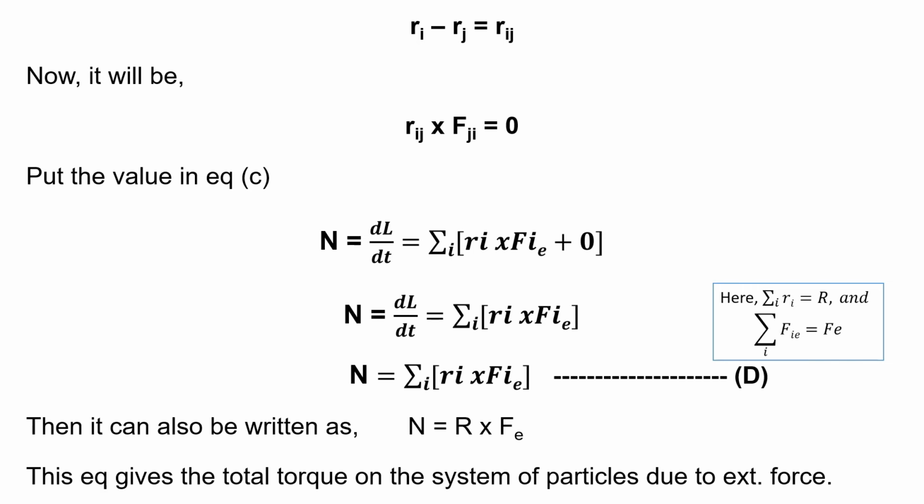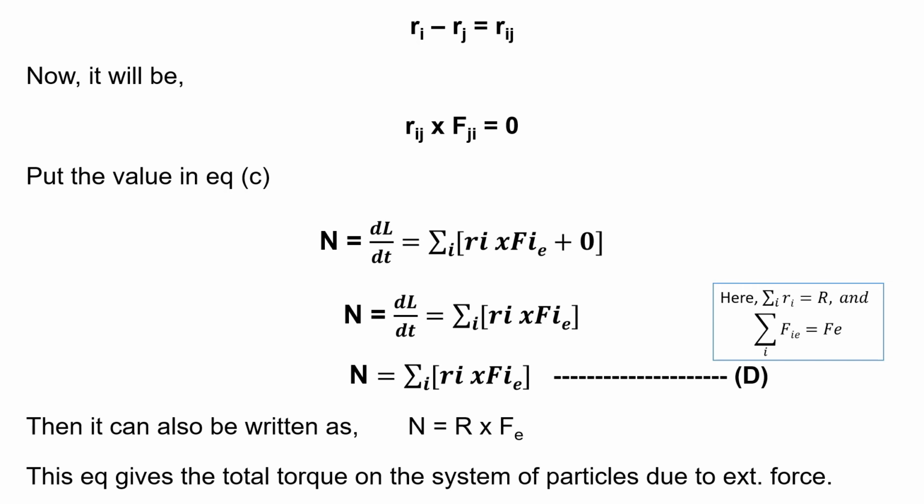And you have to keep in mind that these i and e are in subscript. So here summation of ri will be equal to capital R, and summation of Fi(e) will be equal to Fe.